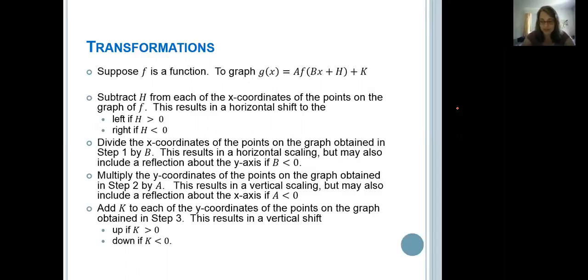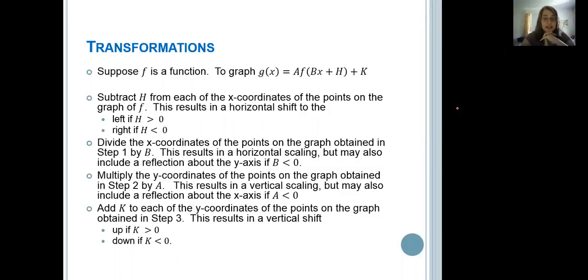So to graph a function g of x, which is equal to some number a times some other function f, where I've got internal shifts of b times x plus h plus k. We first subtract h from the x coordinates of all of the points. This will give us our horizontal shift.